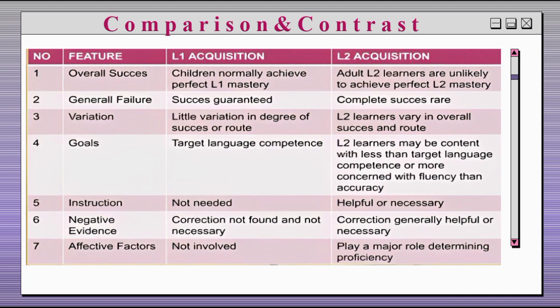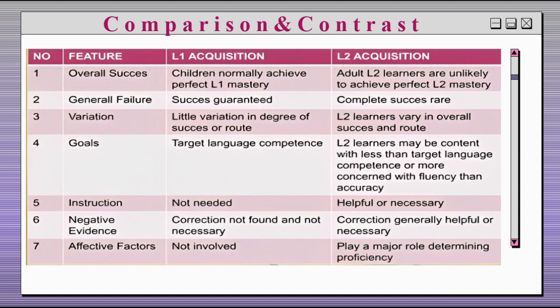First is the comparison of the first language and the second language. First, overall success: children normally achieve perfect first language mastery, while adult second language learners are unlikely to achieve perfect second language mastery.